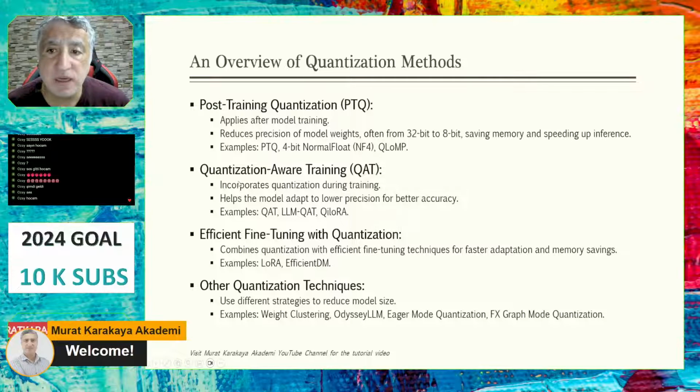The other one is using quantization during training time, called quantization aware training, QAT. It means that during the training, you apply quantization to the weights and biases at the same time. Actually, it's a very complicated approach.